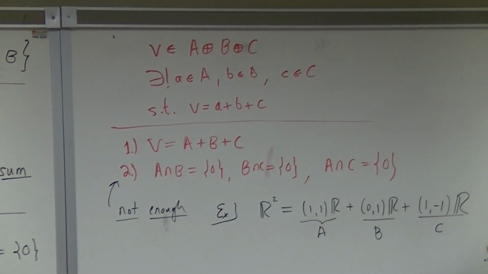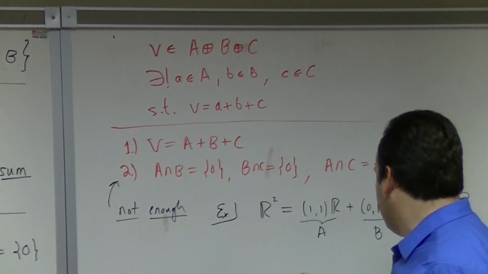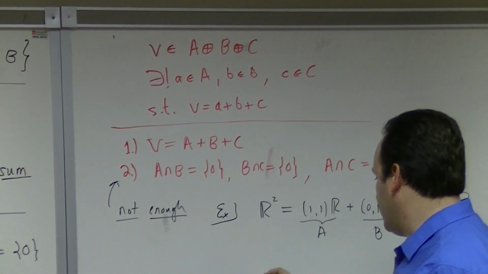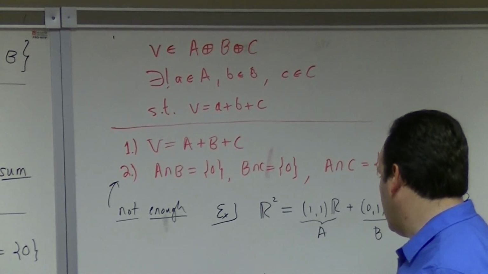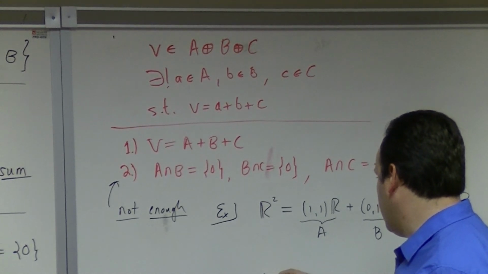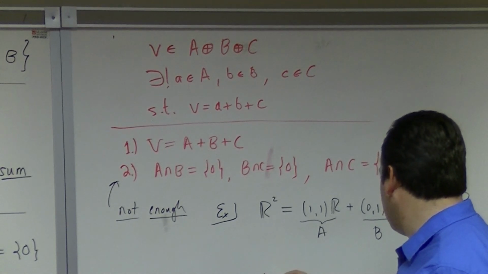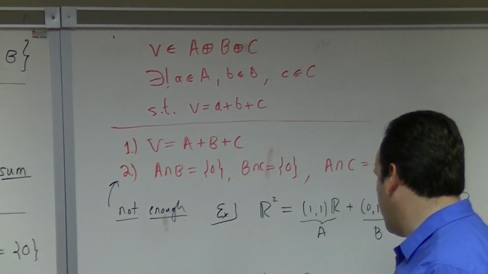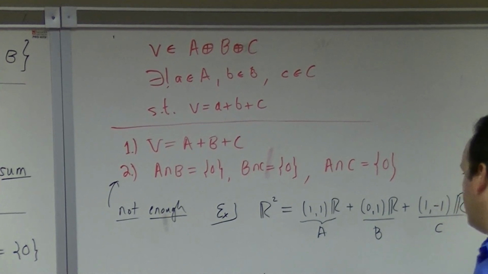Like if I pick, let's just pick a vector. How about (2, 2)? Can you think of different ways to write that? Obviously it's 2 times (1, 1). What else is it? (2, 0) plus (0, 2).